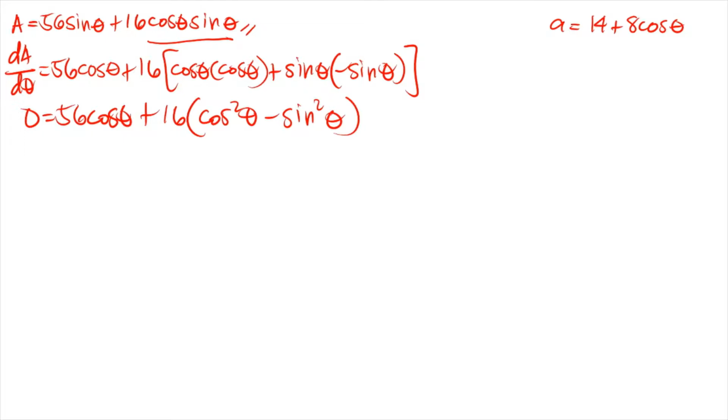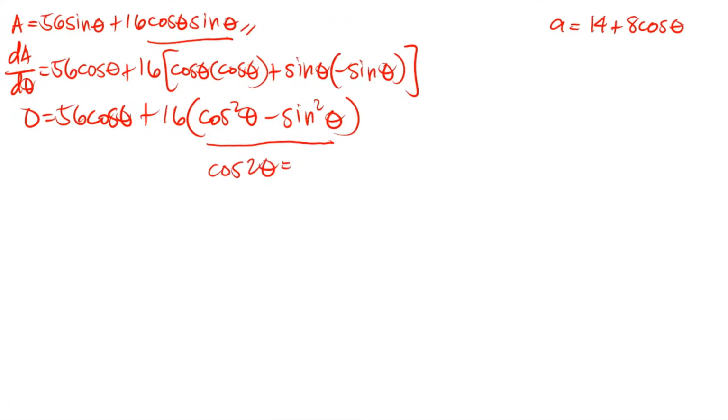Now how do we express everything in terms of a single trigo function? We can apply identities, right? If you look at this expression here, you can recognize that this is actually the double angle identity of cosine.